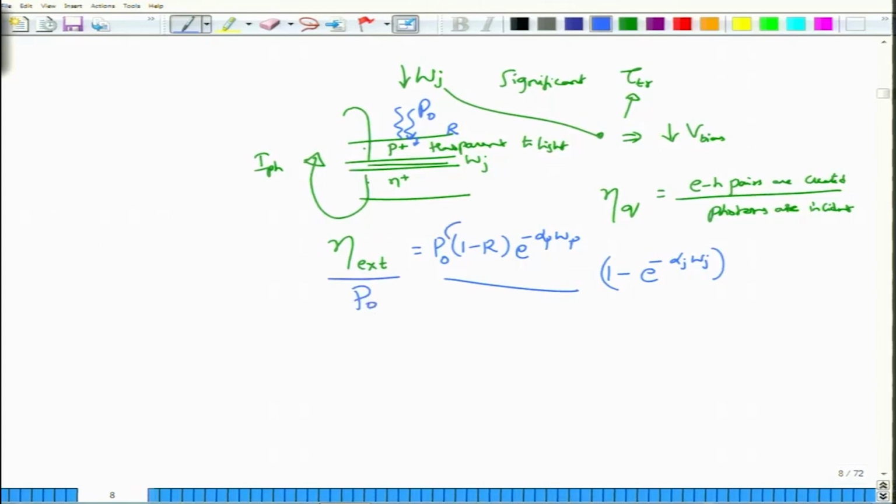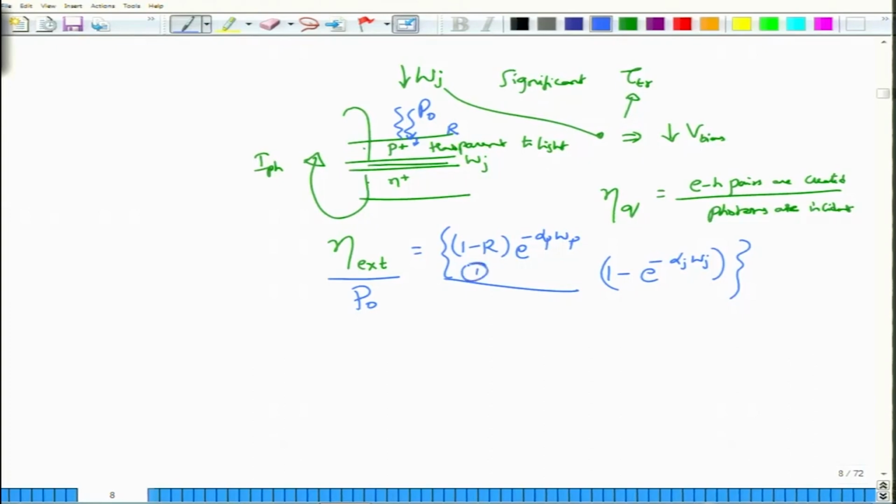This is the amount of power that is available for the optical signals to generate the equivalent current, and when you divide this value by P0, the fraction of the power that is reaching the depletion region, which creates the electron hole pairs, is what we normally call the external quantum efficiency, or simply the quantum efficiency of the diode. Okay. So, there are clearly 3 factors.